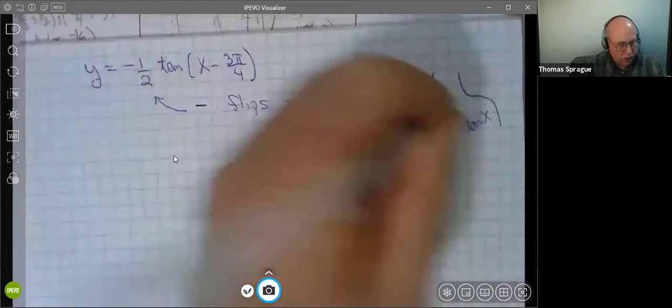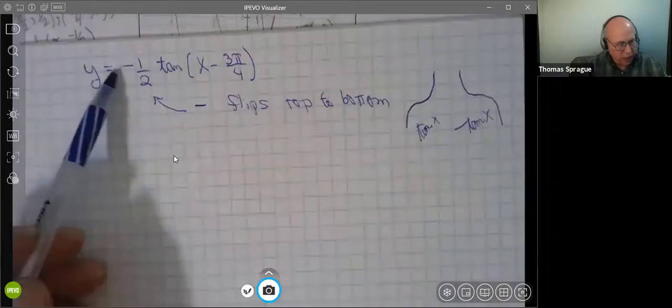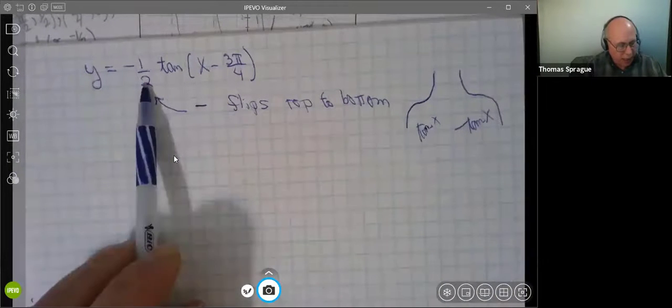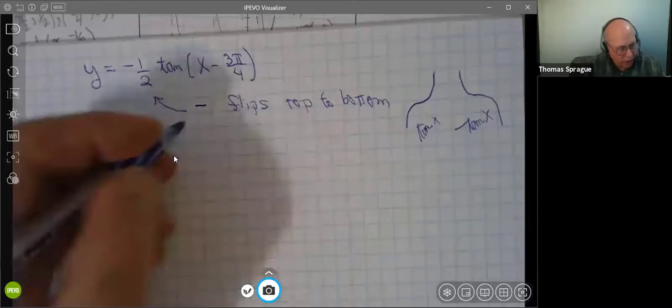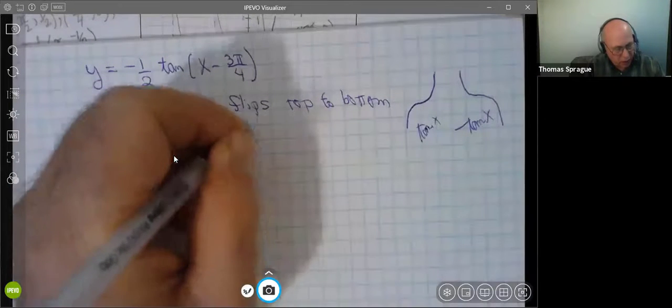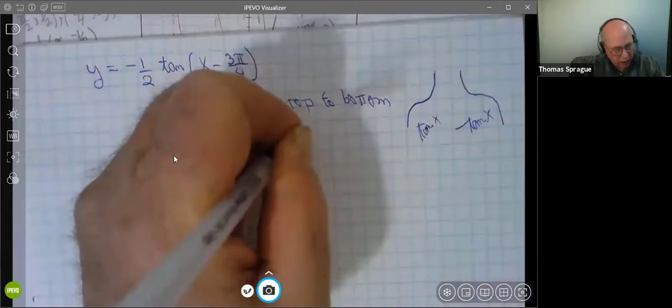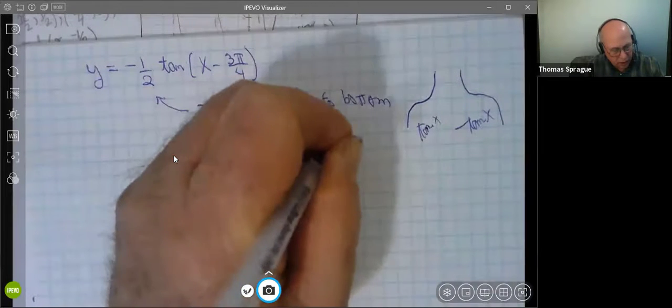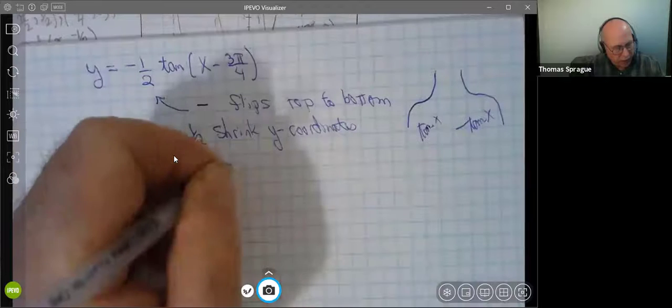So first of all, I know that the minus is going to flip this over. The 1/2 is going to shrink y coordinates by a factor of 2.